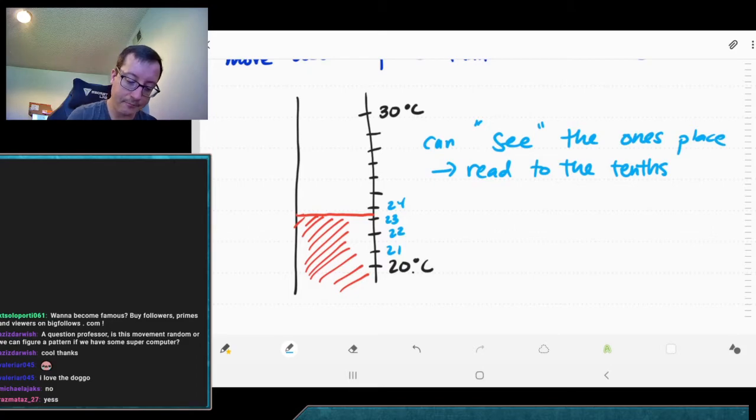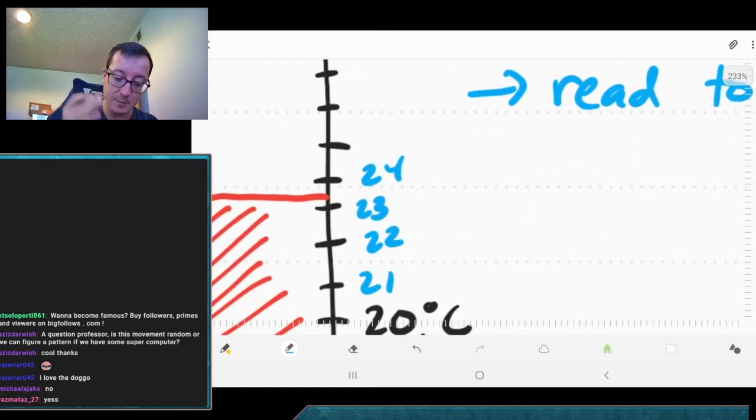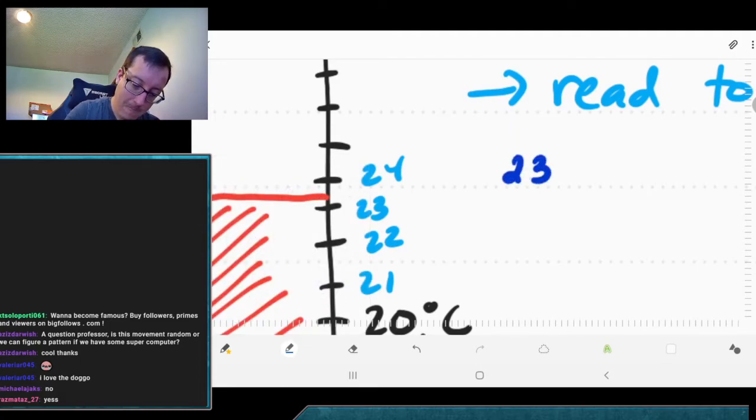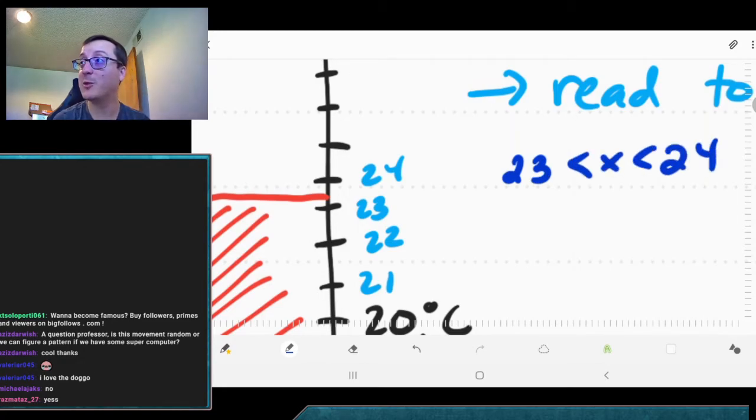And so, again, we know this is between 23 and 24. We know it's between those two. We can see where 23 is. It's past 23, but it has not reached 24. So, we're going to guess. And let's say, to me, it looks like it's a little less than halfway.